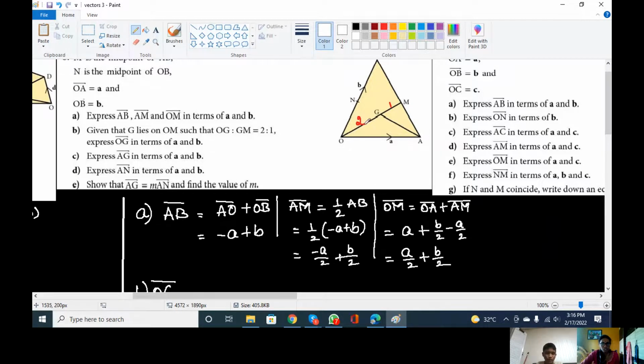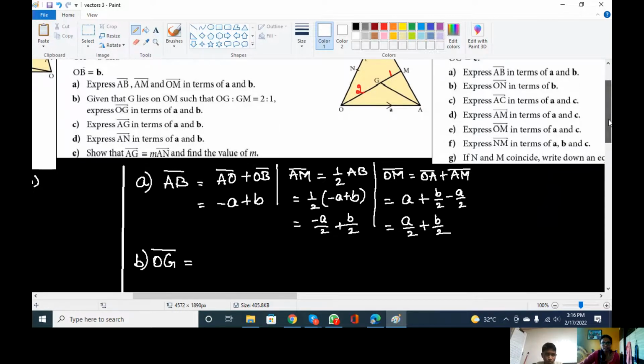They are asking OG, right? OG can be written as OA, okay, AG we don't know, so we can't do that. We can go in this way. OG can be written as OA plus AM plus MG.